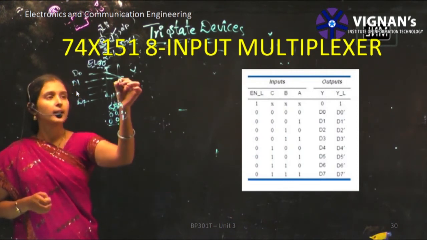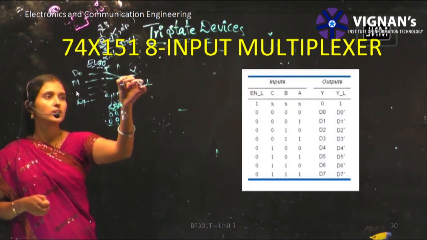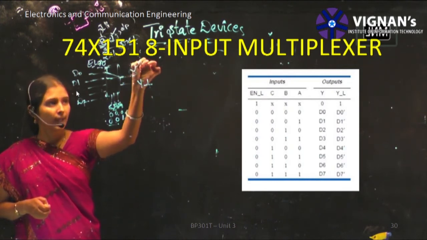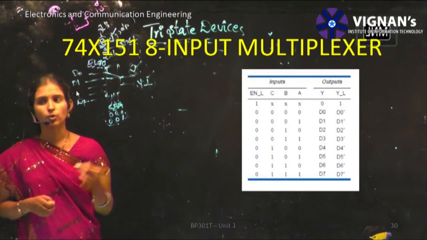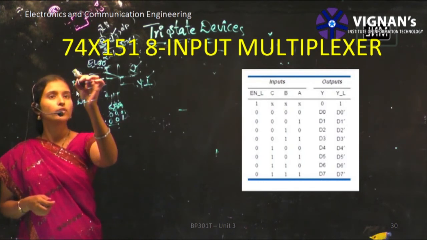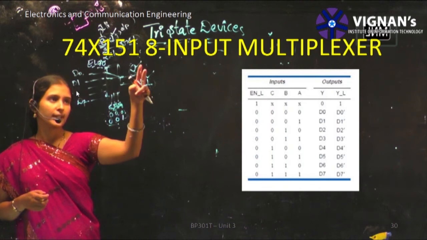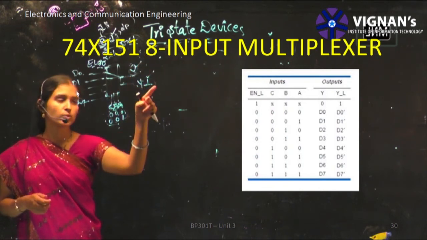See here, there is Y, and there is also Y active low. That means here you are getting active high as well as active low outputs. Depending upon your selection lines, one of your inputs will be available as output in terms of active high as well as active low.